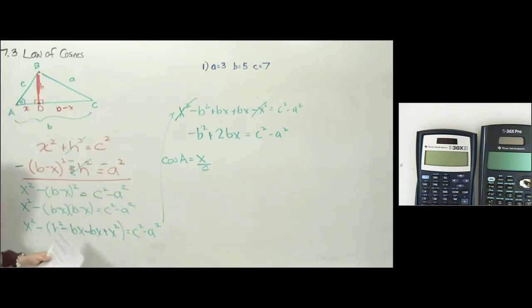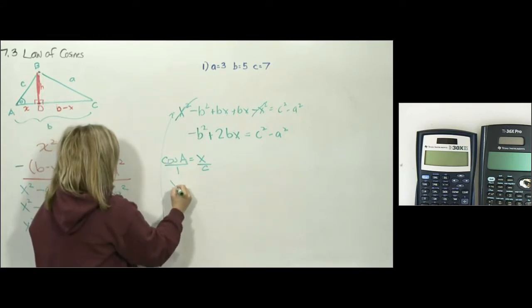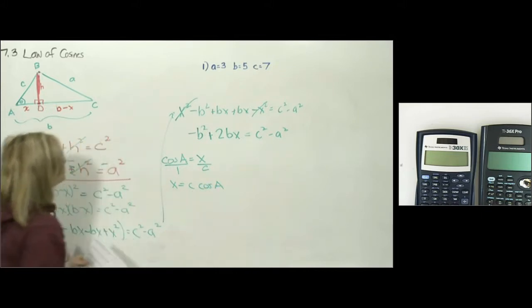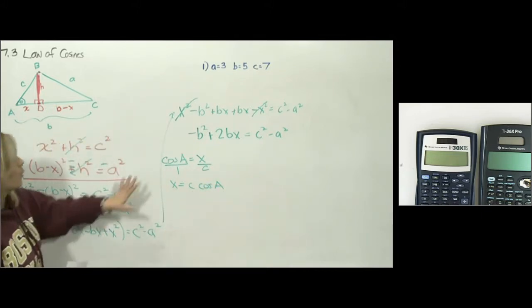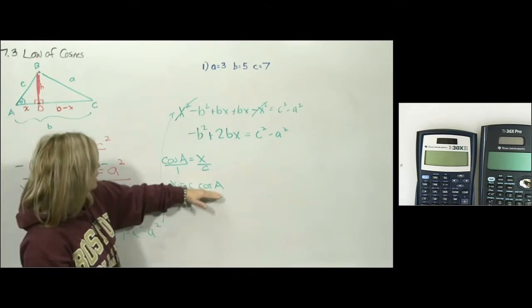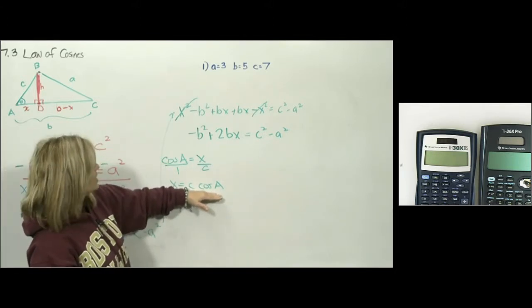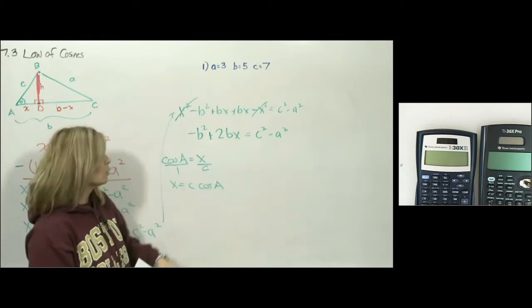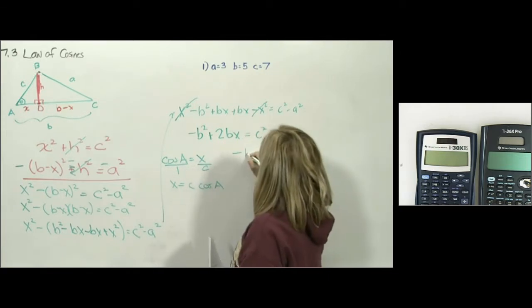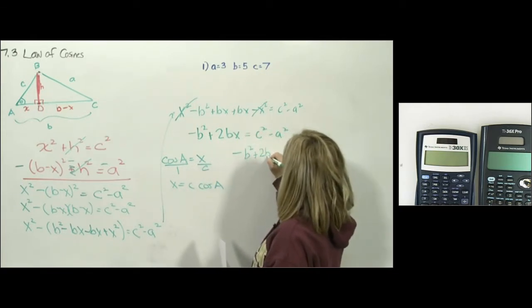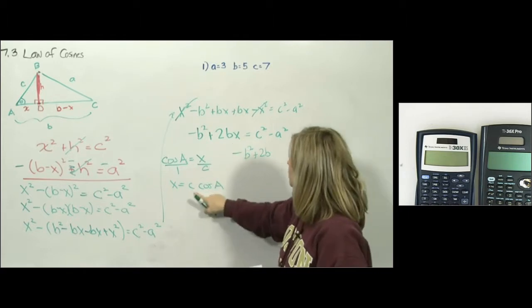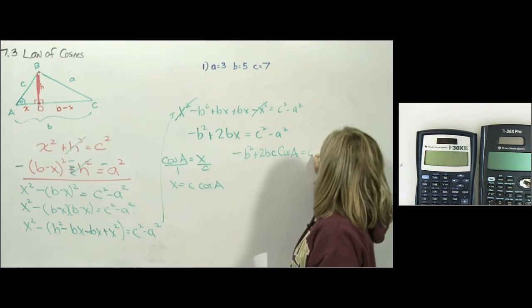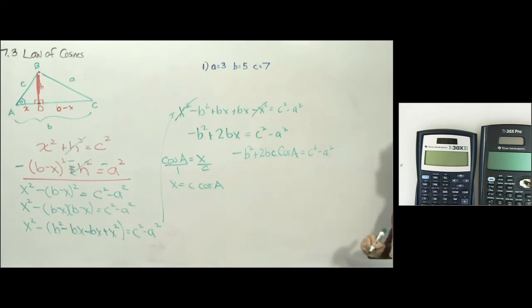And then they cross-multiplied, and they got x equals c cosine A. So what happens is, knowing that fact, now they can replace this expression where there's an x up here, which means it would go right there. Make sense? Okay? So we have negative b squared plus 2b. We're going to substitute for x, what we just found, c cosine A equals c squared minus a squared.